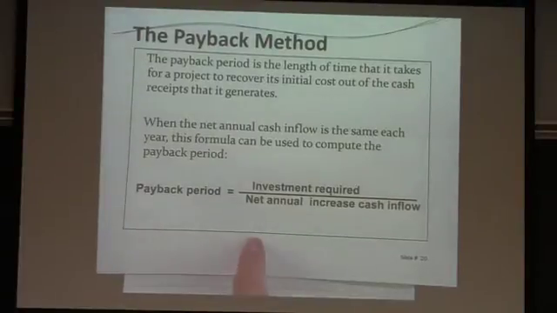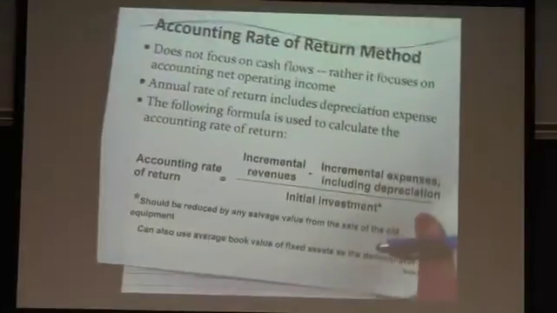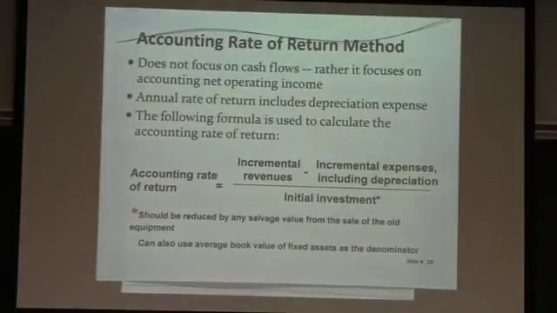Now, this formula ignores the profitability of the project. All it does is allow us to focus on the length of time it takes us to recover the original investment. The final method of evaluation is called the accounting rate of return. And this one actually is not about cash flow. It doesn't focus on cash flow, but it focuses on accounting income.